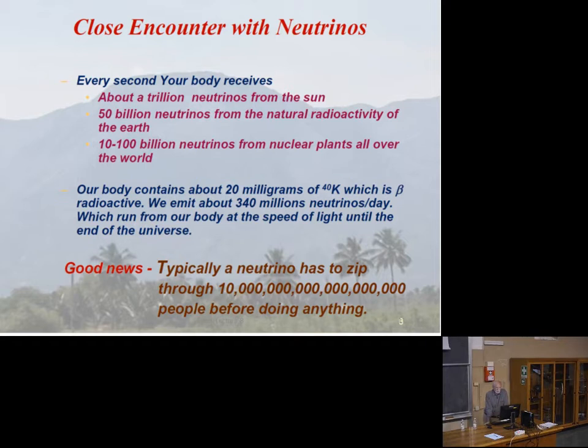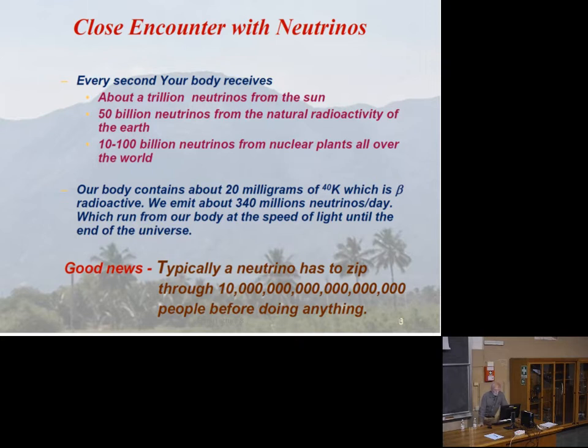And our body itself produces neutrinos. We have something of the order of 20 milligrams of potassium-40, and potassium-40 is unstable. It decays by radioactive decay, beta decay, and we emit through just the potassium in our body about 340 million neutrinos every day. You'll see we emit, we receive.